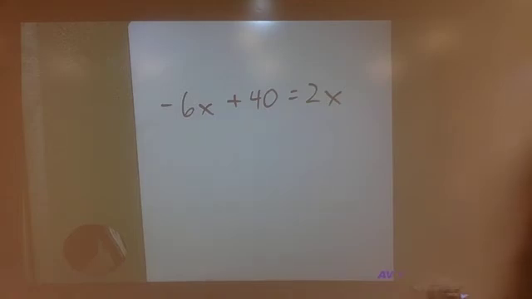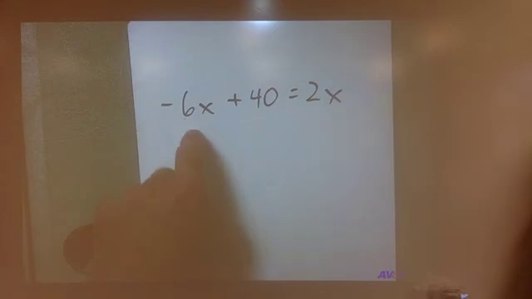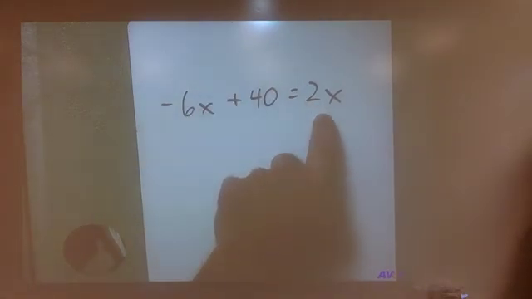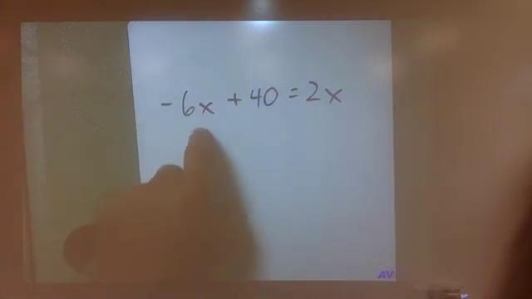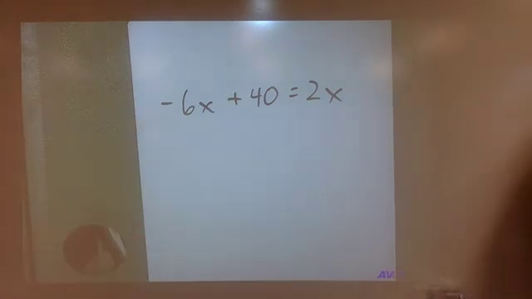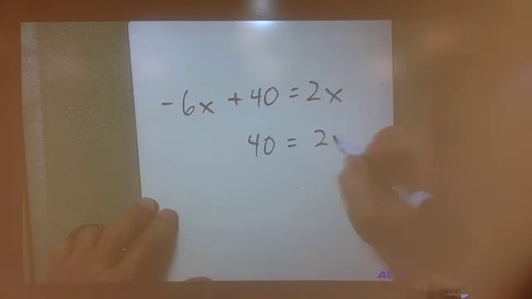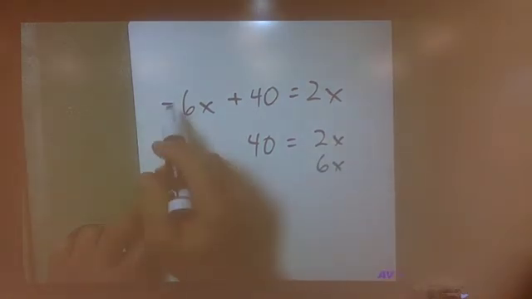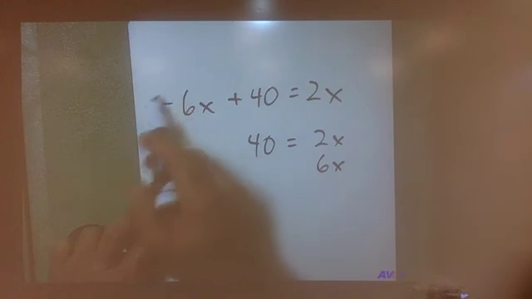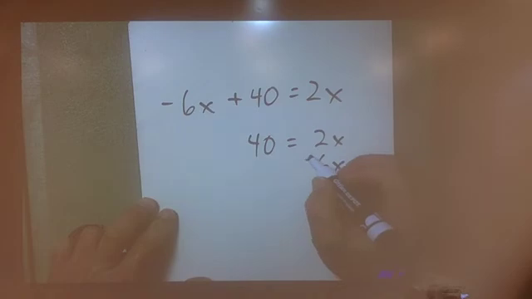So people at a quick glance will say, okay, 2 is smaller than 6. But when you take your time and look a little closer, the 6 is negative. A negative number is always smaller than a positive number. So the negative 6x is your smaller one. That's the one that you want to move. So you move 6x to the other side, and the sign in front of that term is negative, a negative 6x, so we got to make it positive.